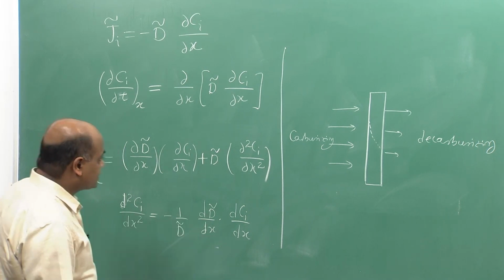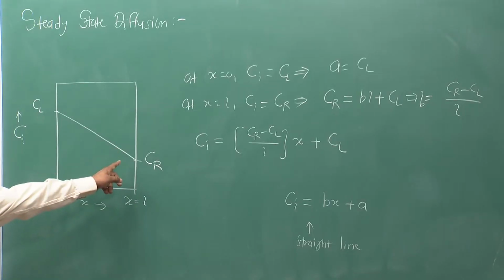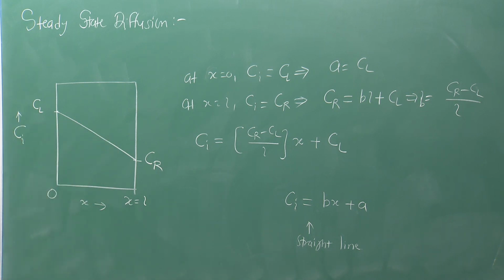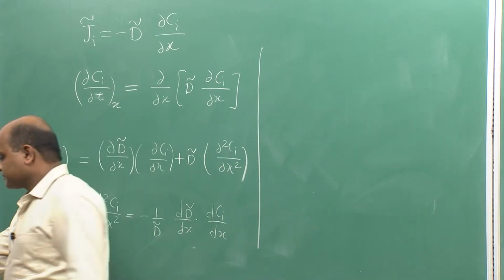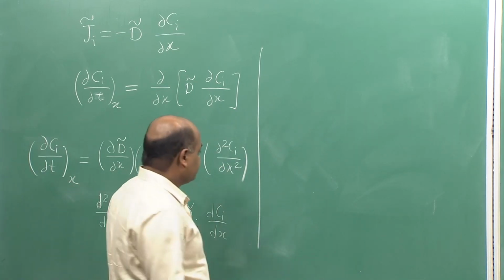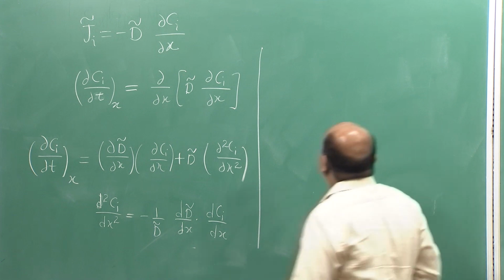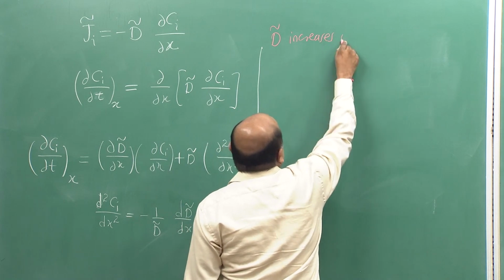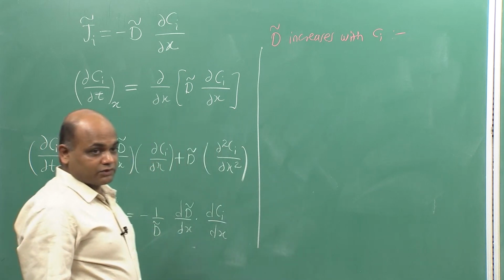Now, we can qualitatively see how the profile will look like. Will it be a straight line? Obviously not. So, how will this look like? Suppose d tilde increases with Ci, then what should happen?